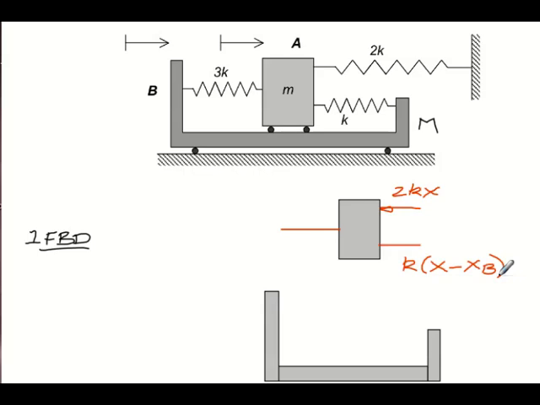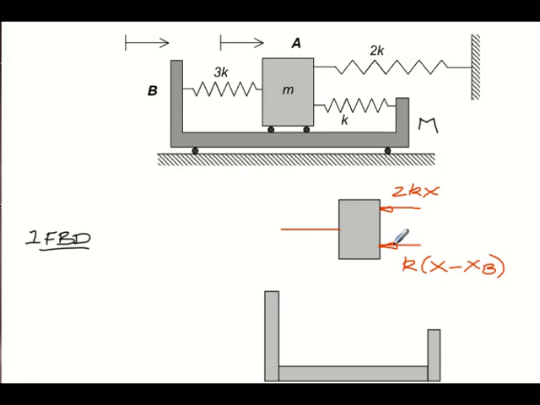So the difference. But now let's figure out what direction we have for that force. When X is larger than XB, it means that the block is moved further to the right than the cart, so that spring is compressed, so that force is acting to the left.